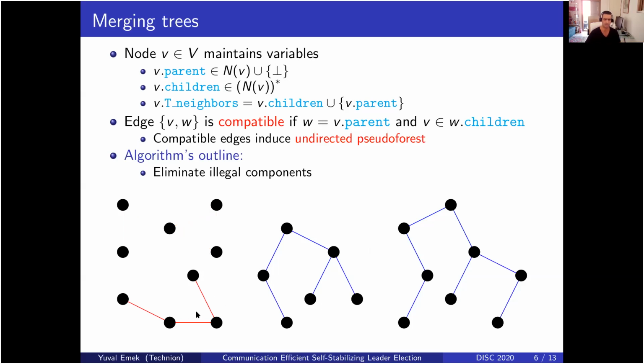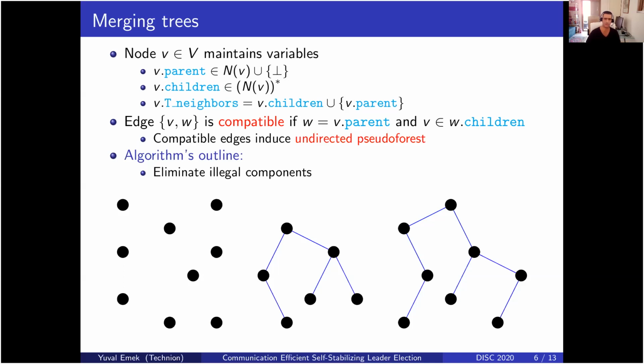This component doesn't contain a cycle, but it is also illegal because some of its nodes have edges which are not compatible. Those are depicted here by the dotted edges. So we also want to get rid of such components. And then we are left with legal components.